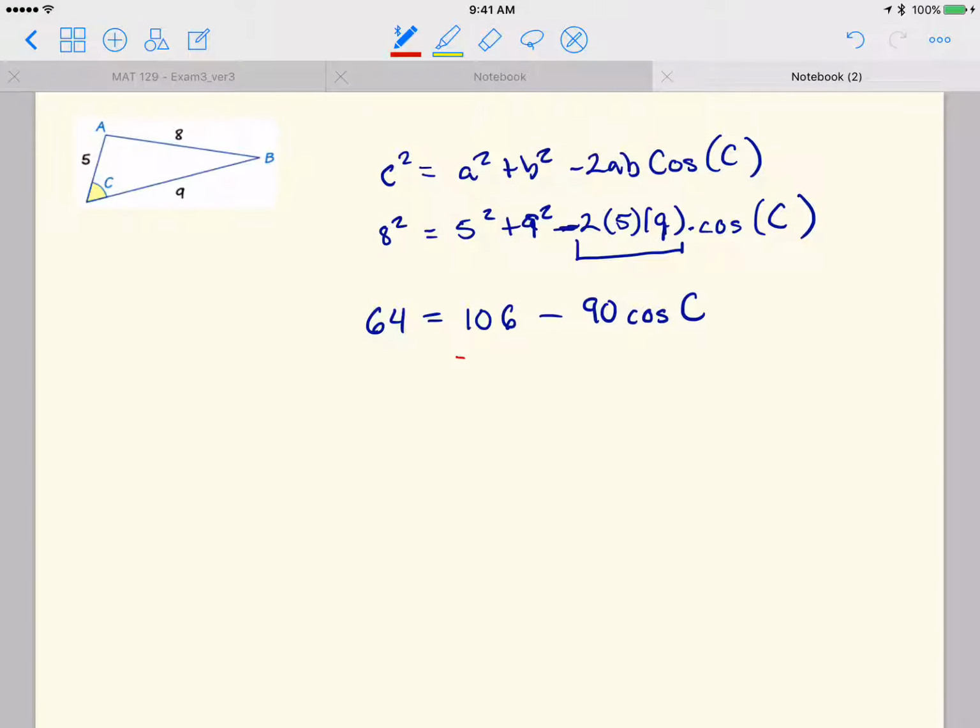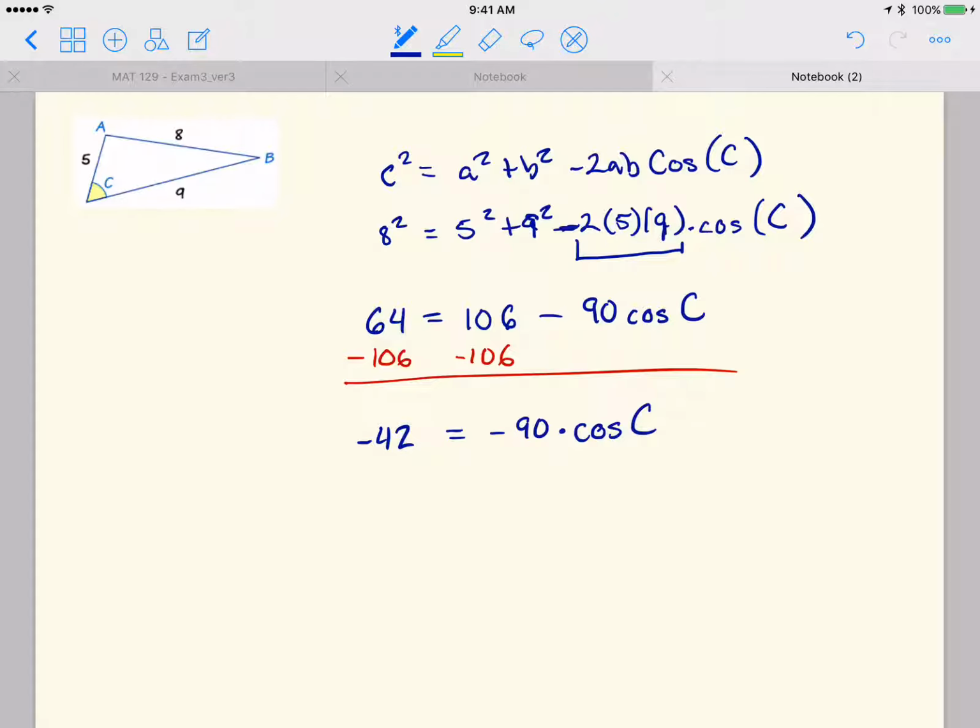You're going to subtract 106. And so 64 minus 106 is negative 42, equals negative 90 times the cosine of C.